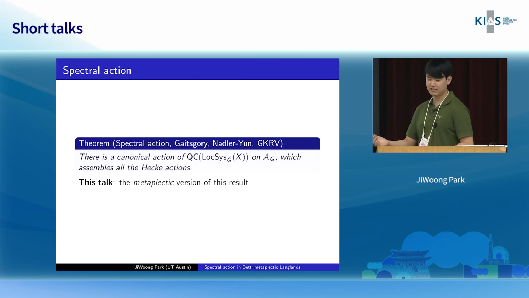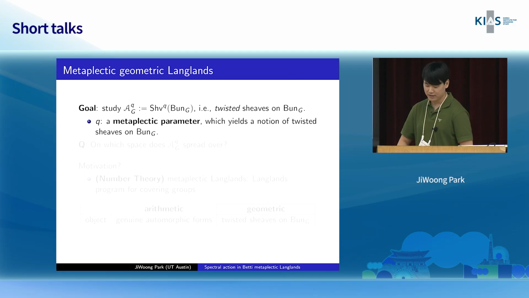The main goal of this talk is to discuss the metaplectic version of this result. What do I mean by metaplectic? This is in the context of metaplectic geometric Langlands, where we study the category of twisted sheaves on Bun G. And these are organized into the category which I call A_Q^G.